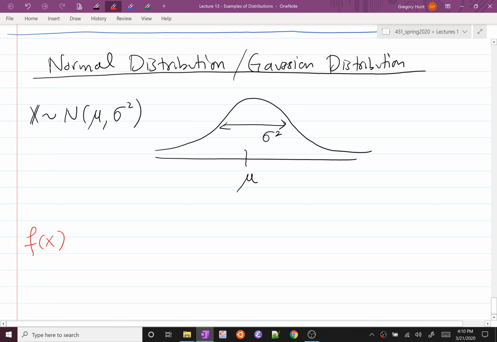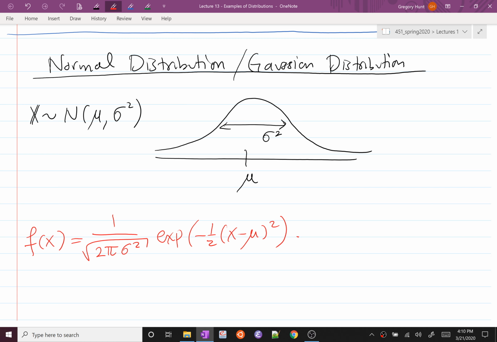First of all, our PDF looks like this: f of x is 1 over root 2 pi sigma squared times the exponential of negative 1/2 times x minus mu squared, all over sigma squared.